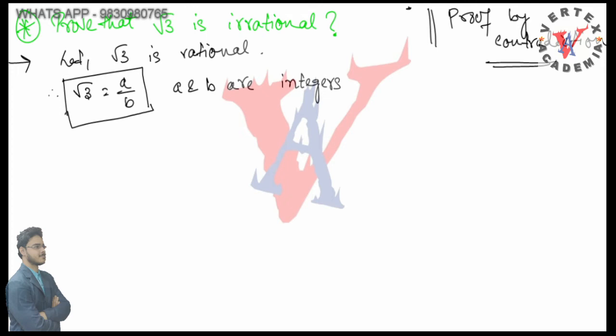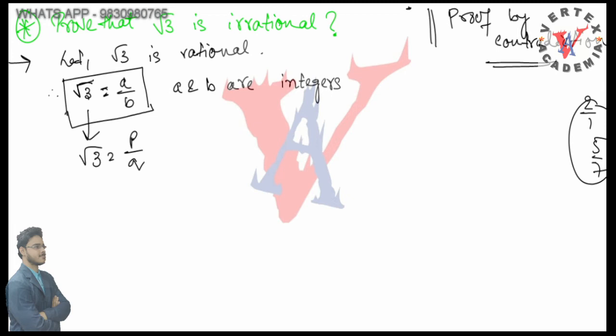Now one thing is that they can be anything. Finally, on cancelling the common factors of A and B and getting them to the simplest ratio, we find root 3 equals P by Q, where P by Q is the simplest ratio, of the format maybe 2 by 1 or 5 by 7, which can no more be factorized. There is no common factor between the numerator and denominator.